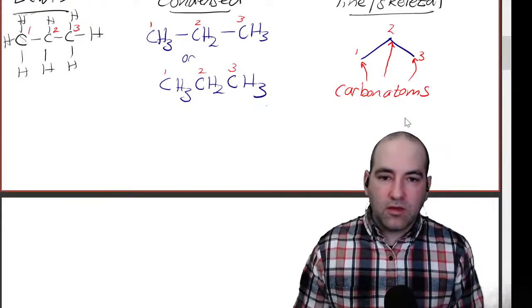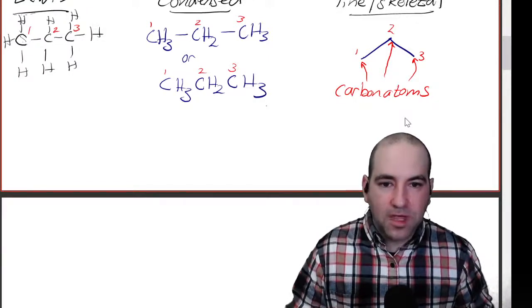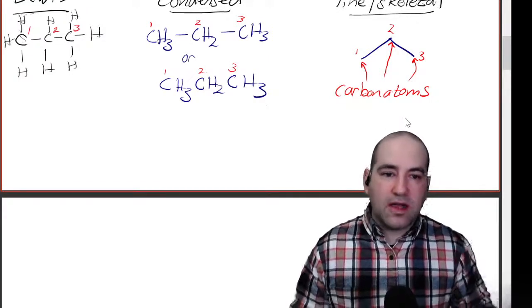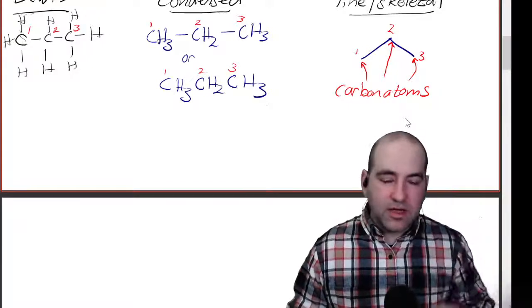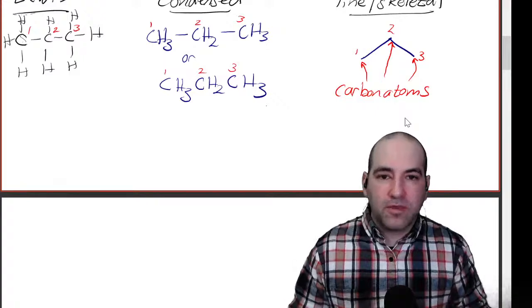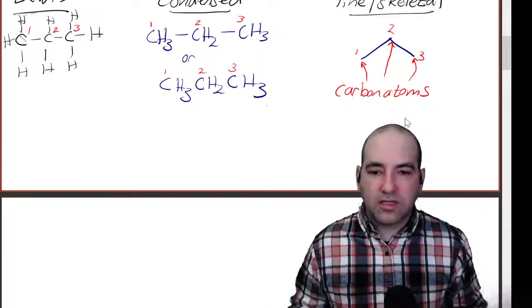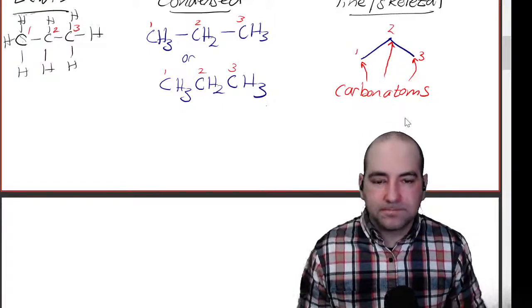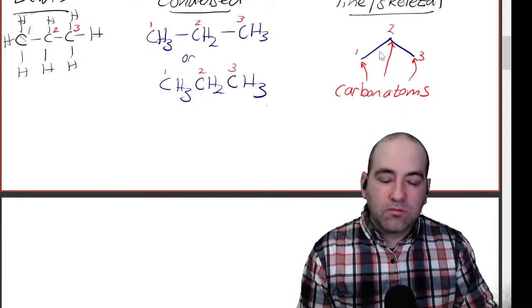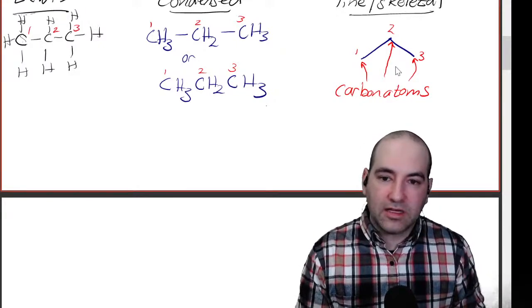One is we have to use zigzag now, because with a straight line, you would never know where 2 straight lines come together because it would just look like a line. So we use a zigzag instead. It doesn't matter if it zags up or down or sideways or whatever, but anytime lines come together, we know there's a carbon atom there. We can also draw more lines branching off depending on the complexity of the structure, which we'll get to in a little bit. So that makes a really nice, quick, easy visual view of how the carbon atoms are connected.